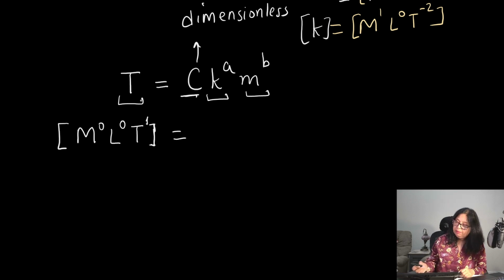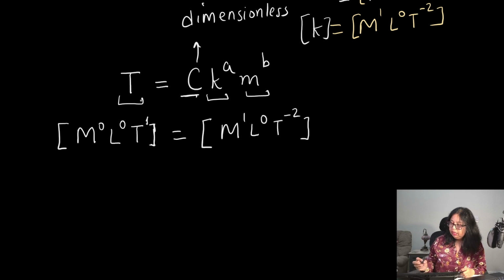C is dimensionless. We need not write it. K we just determined as M to the power 1, L to the power 0, T to the power minus 2. Then we have this to the power A. M, mass: M to the power 1, L to the power 0, T to the power 0, raised to the power B.